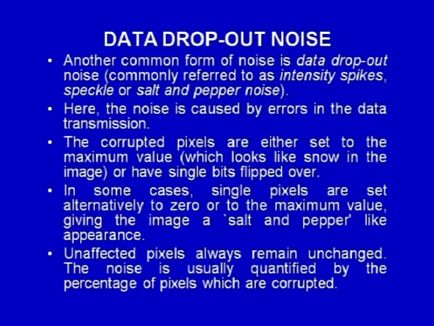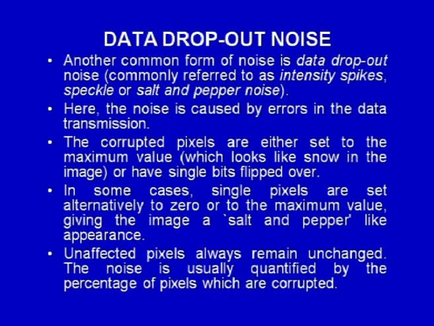Another common form of noise is data dropout noise, commonly referred to as intensity spikes, speckle, or salt and pepper noise. Here the noise is caused by errors in the data transmission. The corrupted pixels are either set to the maximum value, which looks like snow in the image, or have single bits flipped over.